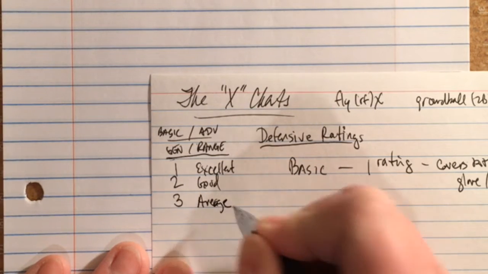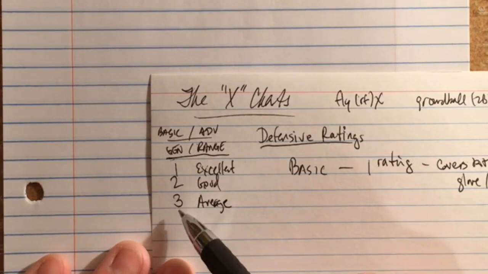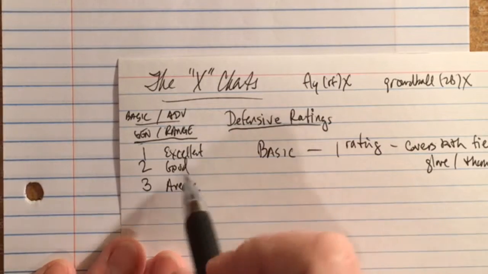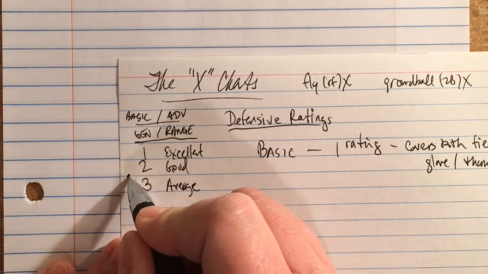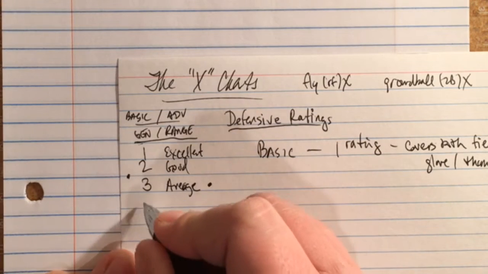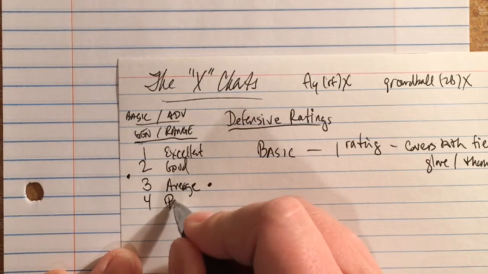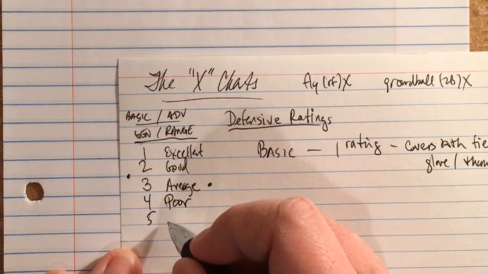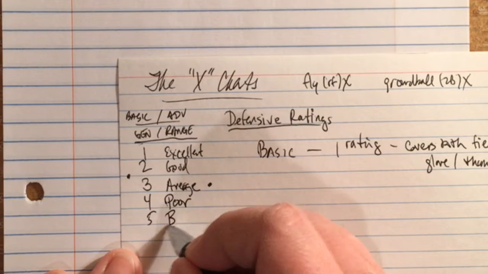Now, I would also say that in basic, once you start getting down to 3, things are getting pretty, they're less than average. I'd say the average point for basic is right about here, whereas for advanced, the average point is right about there. Then 4 is poor, we'll say, and then 5 is, we'll just say bad.